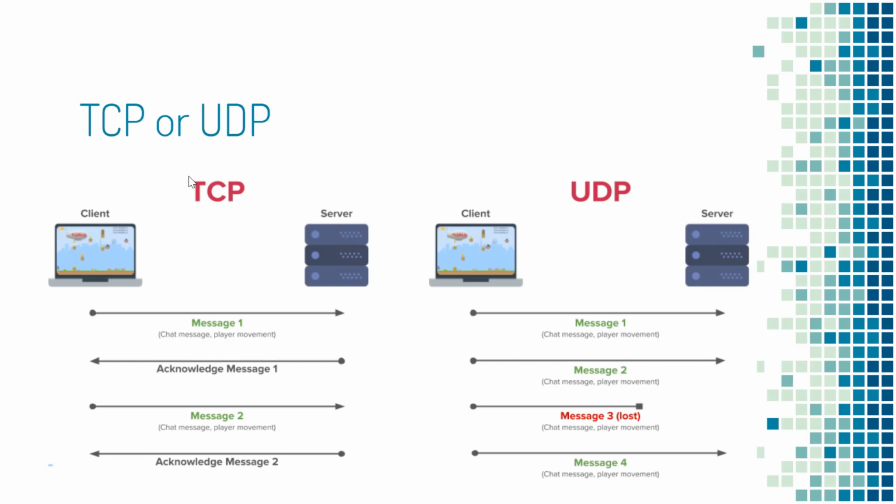It should be received in the right way. So in TCP, we have something called flow control, which means I have to check that the received message is not corrupted. That's why we say TCP is more reliable, but it's slower than UDP.